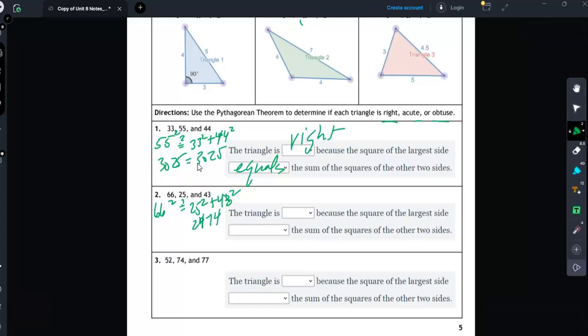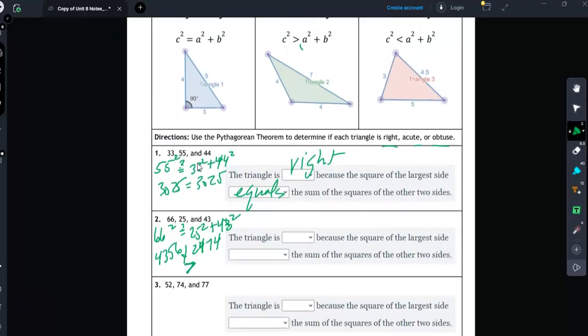And 66 squared is 4,356. It's not equal, but it is greater than. When it's greater than, what kind of triangle do we have? Obtuse. So we have an obtuse triangle because the largest side is greater than the sum of the other two sides.